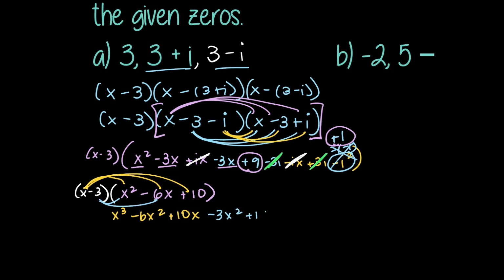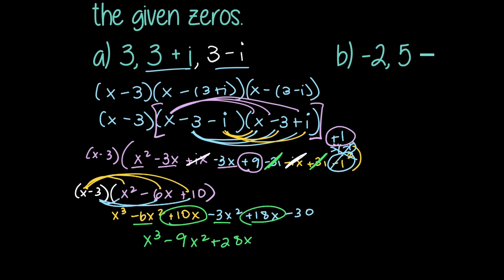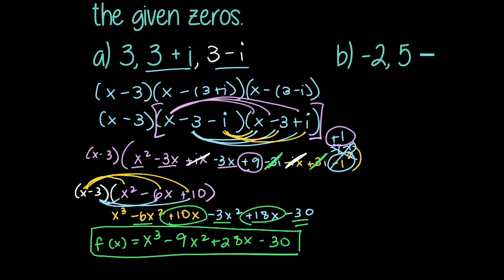Negative 3 times negative 6x, and negative 3 times positive 10. Combine your like terms. And set it equal to f of x. So f of x equals x to the third minus 9x squared plus 28x minus 30.